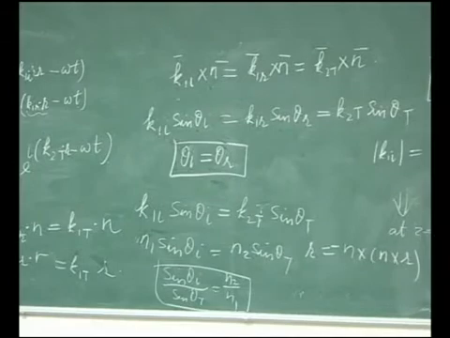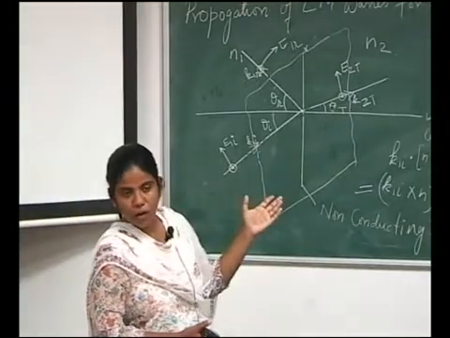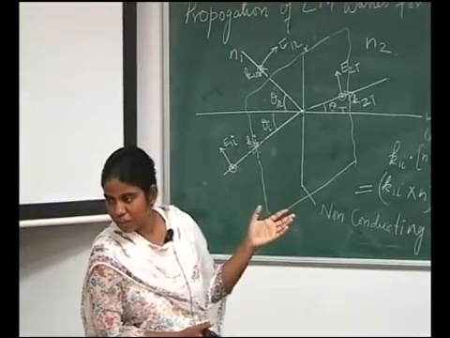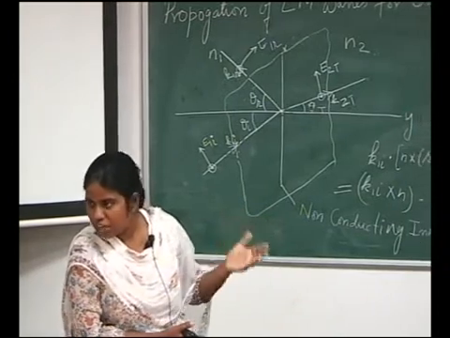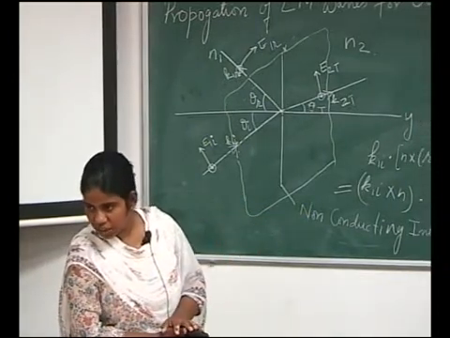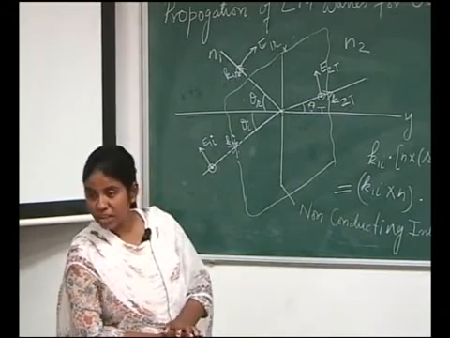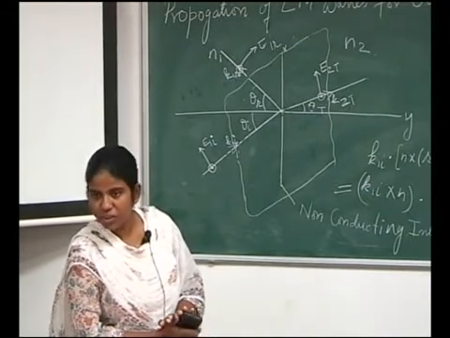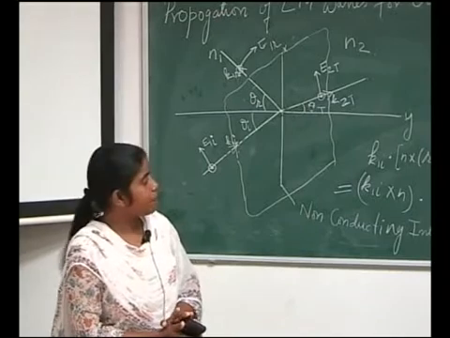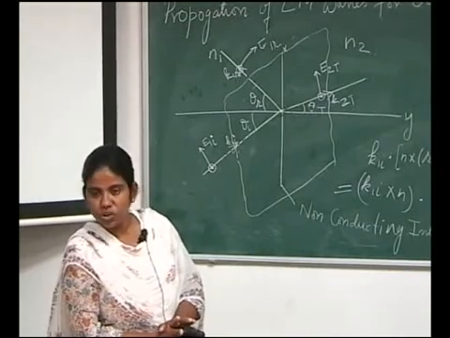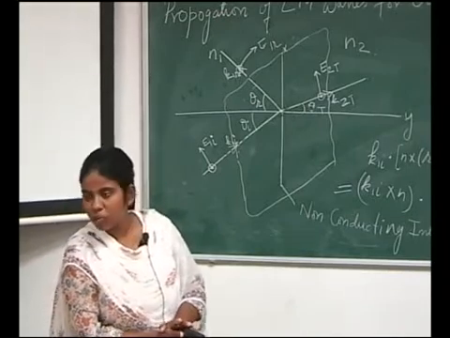Now you take the case of oblique incidence and put theta equal to 0. If you are able to derive the case of normal incidence, whatever you get by putting theta equal to 0 should actually be the case of normal incidence.